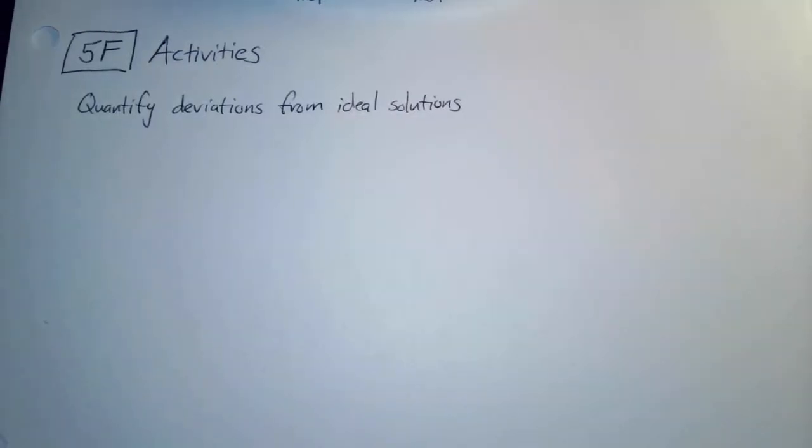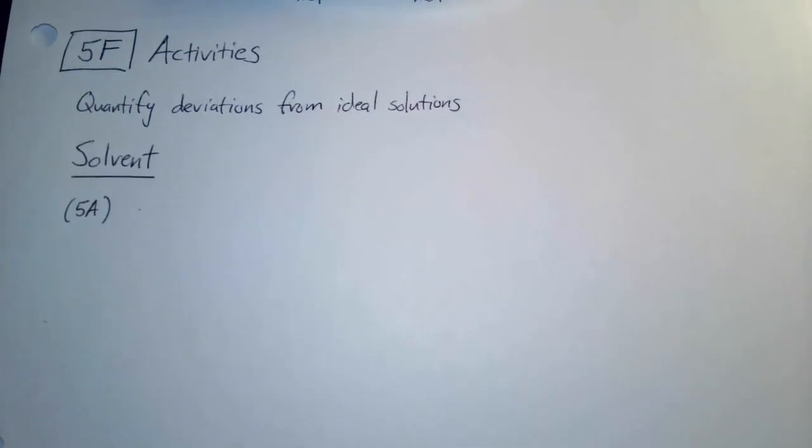I'm going to do this twice, once for solvent and once for solute. Because in the ideal case, we expect the solvent to obey Raoult's law, whereas in the ideal case for a solute, we expect it to obey Henry's law. So I need to do solvent and solute separately.